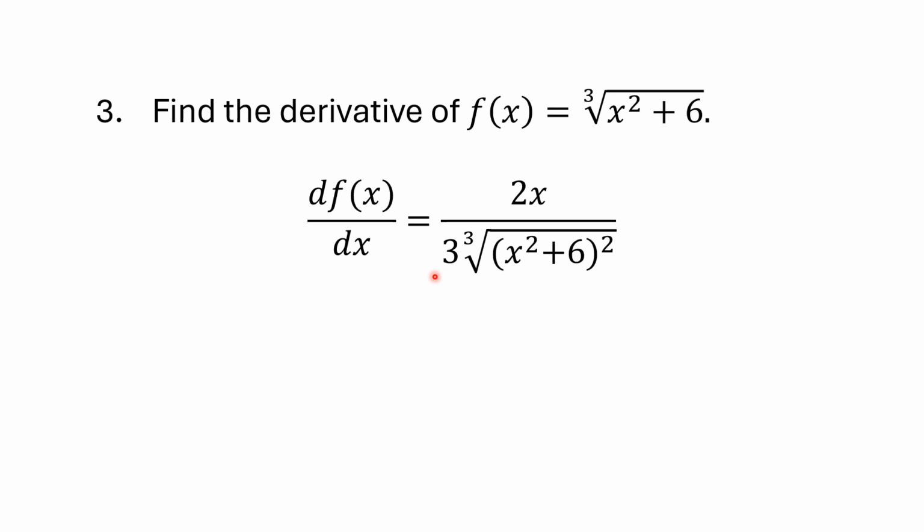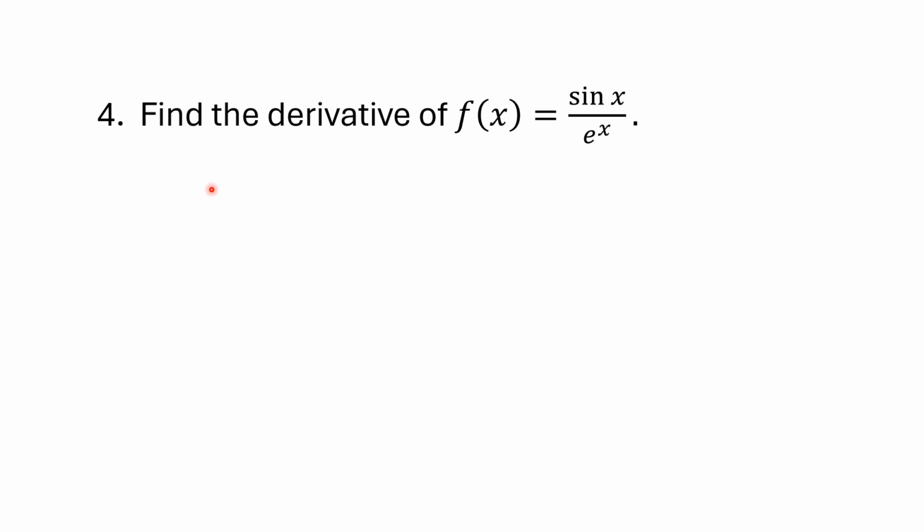So it's going to be 1/3, times the something, x squared plus 6, to the negative 2/3. So the cube root will now be in the denominator. Then we take the derivative of the inner x squared plus 6, which is 2x. The derivative of the 6 is 0. So that is the derivative.